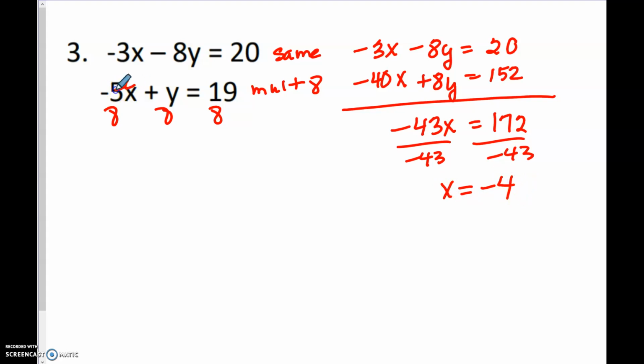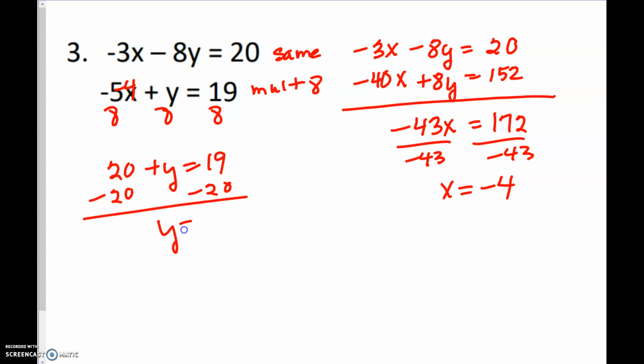Okay, I'm going to put a negative 4 in here. So negative 5 times a negative 4 is 20 plus y equals 19. I'm going to subtract 20 from both sides, and y is negative 1. So my final solution here is the ordered pair negative 4, negative 1.